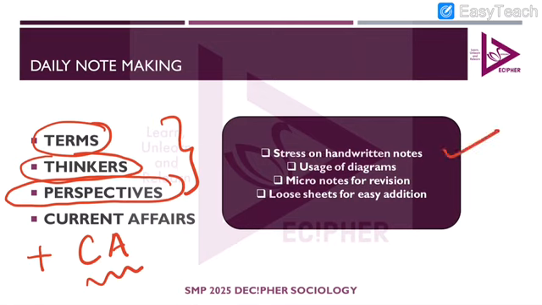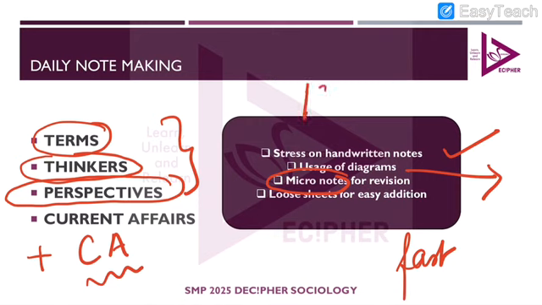We stress on handwritten notes because it helps you in answer writing, in writing your answers fast. Also, if you draw some kinds of diagrams, mind maps, flow charts, it will be easy to revise. These are also known as micro notes because on the last day before the exam, you will not have much time to revise.